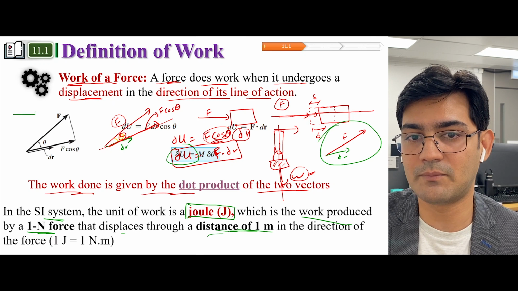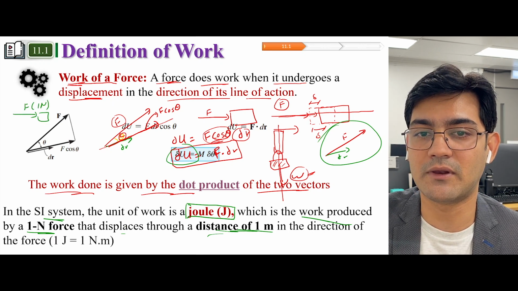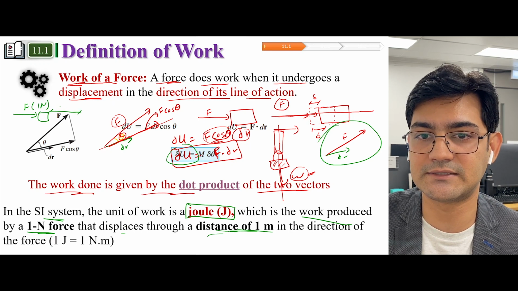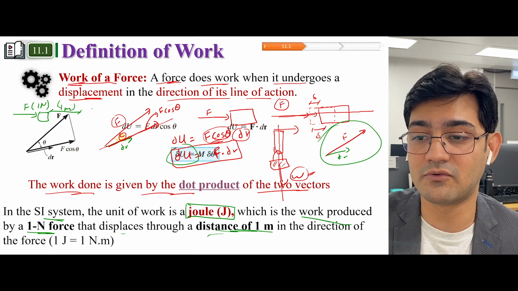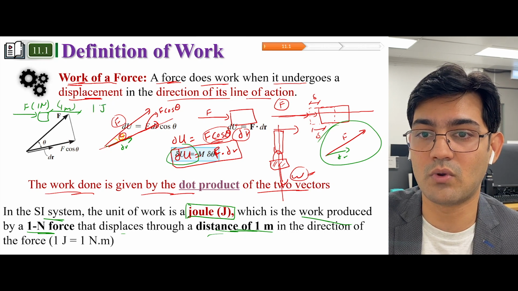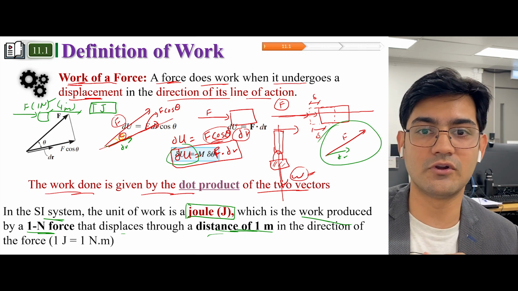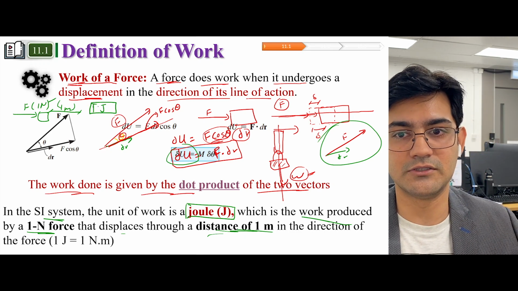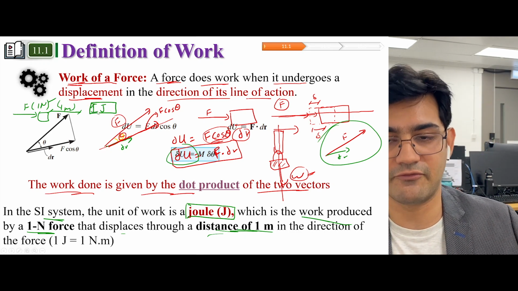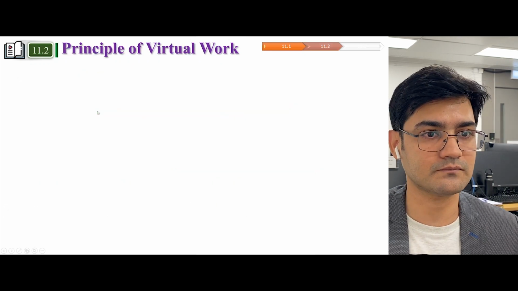So if you apply a force of 1 Newton and the object displaces itself by 1 meter, then the work done is 1 joule. That's how you define the unit of work.